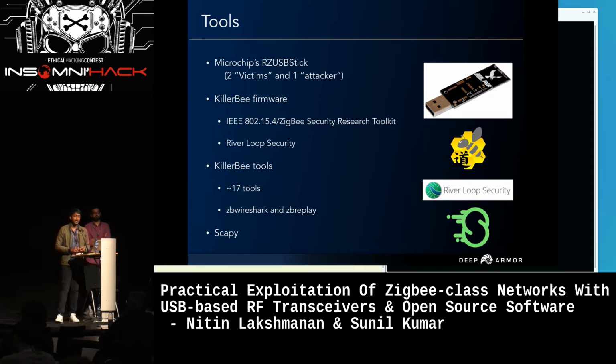It is one of the 802.15.4 exploitation and exploration tools. Along with that, we have 17 tools in KillerBee. In that, we are going to use zbwireshark and zbreplay. And we will be using Scapy. It's a network packet creator, manipulator, everything. Thanks to all the developers of these tools, which was very helpful in developing this and studying these protocols.